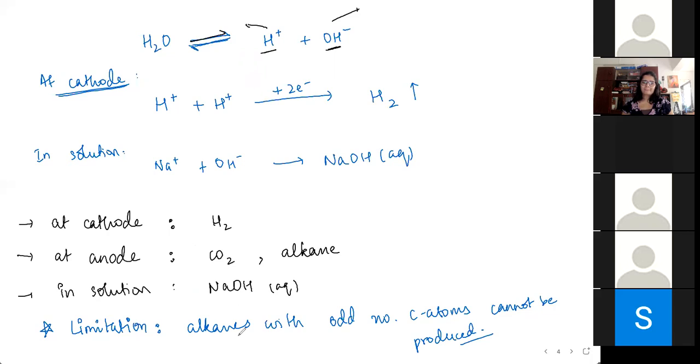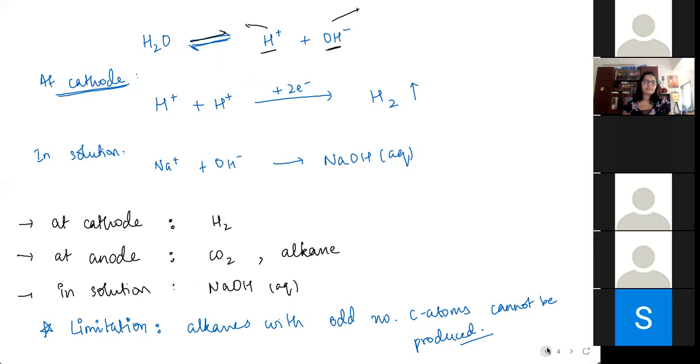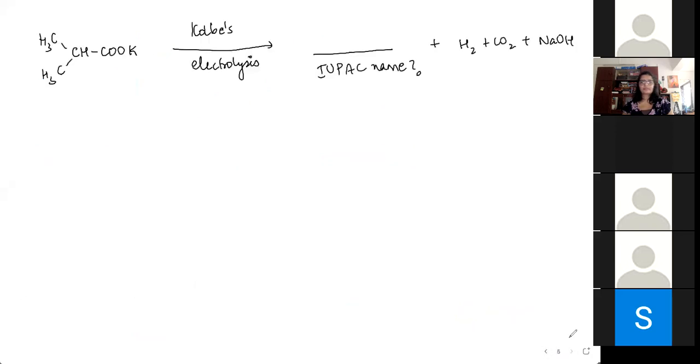Ma'am, could you go to the next page. Kaveri had asked, are you done with this, Kaveri? Ritu got it, yes.